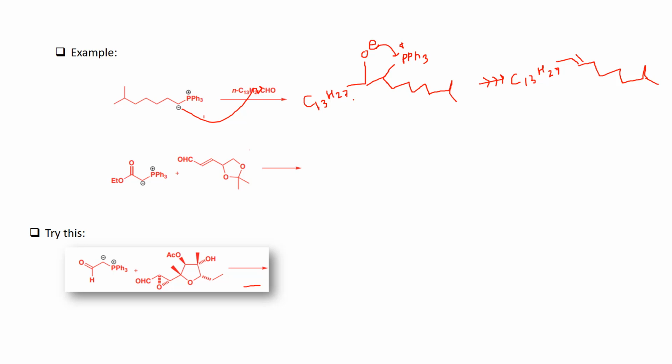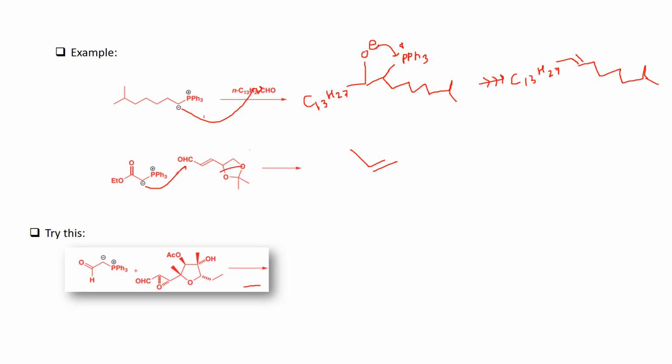Okay. And the next one is also a similar type of reaction. There is an aldehyde. It will react with this carbon center and form an alkene. So now, okay, this is a sulfonium ylide.